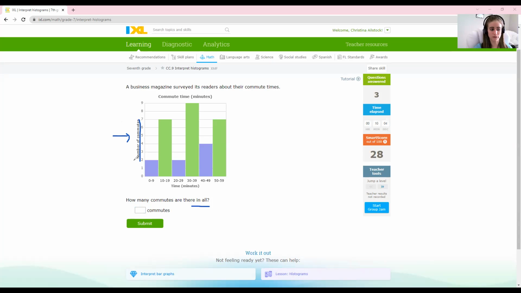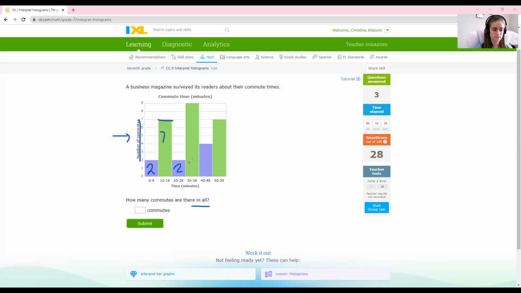So first, we want to find how many are in each range, in each section. Then we can tally them all up. So in the 0 to 9 range, this first purple one, I can see that there are 2. In the green range, that's 10 to 19. It stops right here, which lines up with 7. My next purple one, that's 20 to 29.